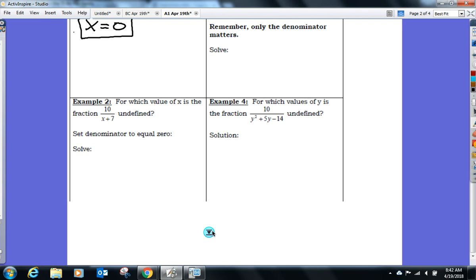Everyone agree with her? Let's say that didn't come to you right away. Is there a way I can figure it out? Yes. You take the denominator, x plus 7, and set it equal to 0. That's all you have to do to find out where it's undefined. Then you move the 7 over, and just like Caitlin told us, you get -7.